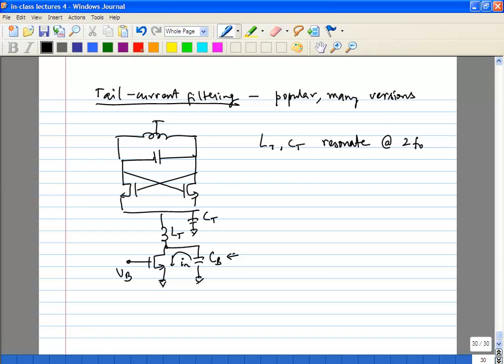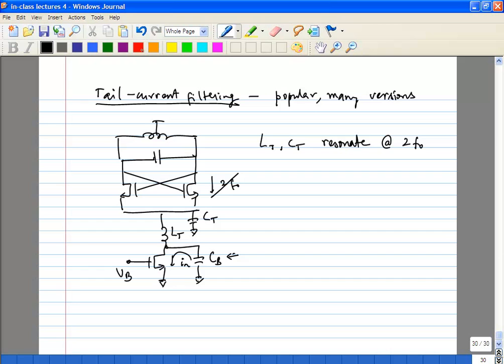Again, you can make sure your LT and CT have a parallel resonance at 2f0. Why? Remember that the noise from the devices has folding down of noise from higher harmonics, right? So if you add a parallel resonance circuit in series with the VCO, which is high impedance at 2f0, you cannot have 2f0 current flowing through the tank and the VCO effectively.